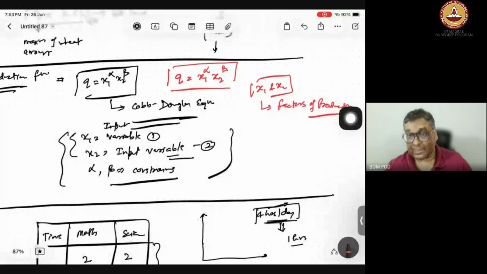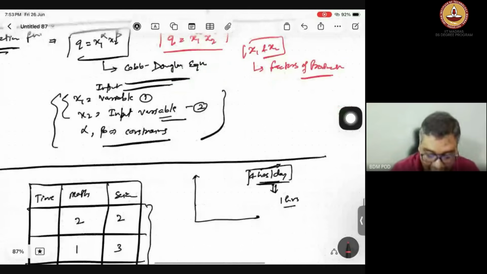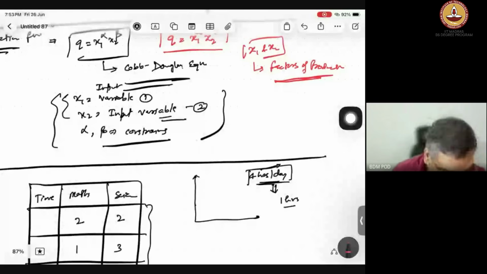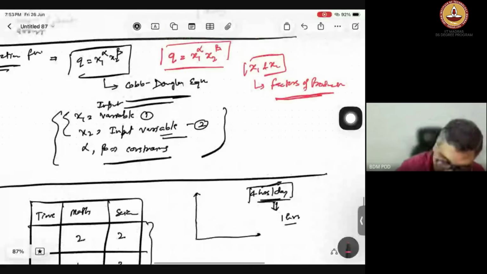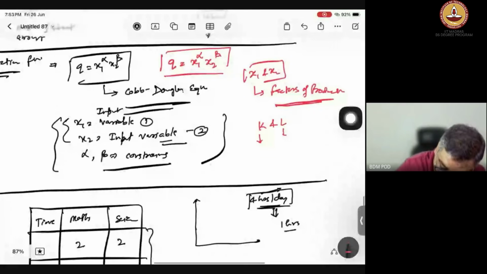But there might be other factors of production as well. So x1 and x2 are your factors of production, or in the previous example, K and L are your factors of production.